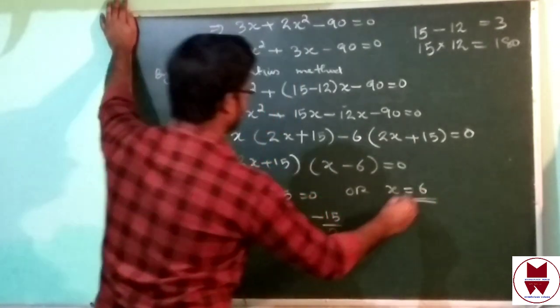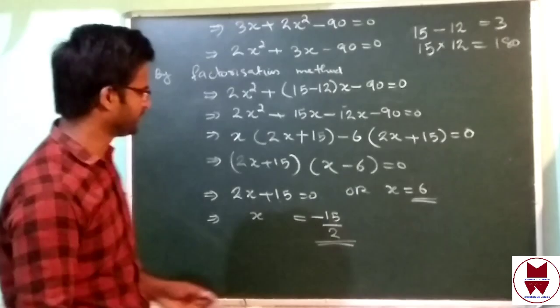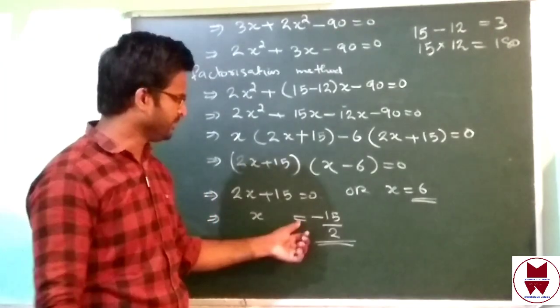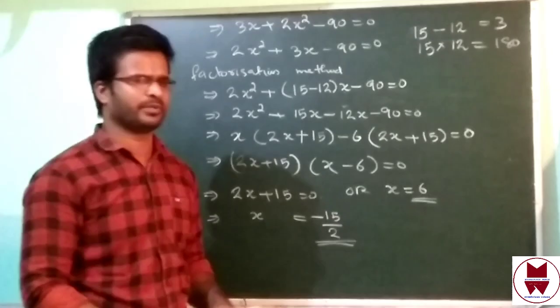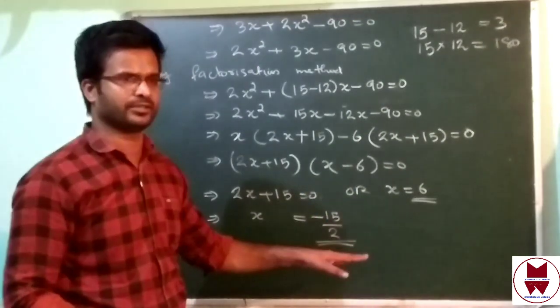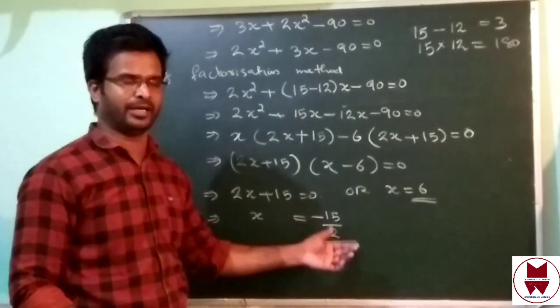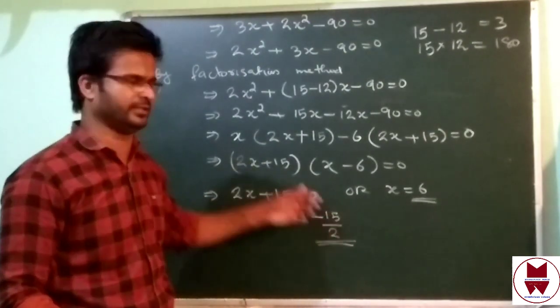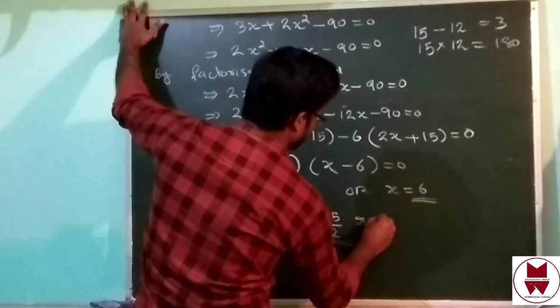We got 2 x values: x equal to 6 and x equal to minus 15 divided by 2. We can reject x equal to minus 15 by 2 because x means number of articles, isn't it? The number of articles cannot be negative, and this part is rejected.